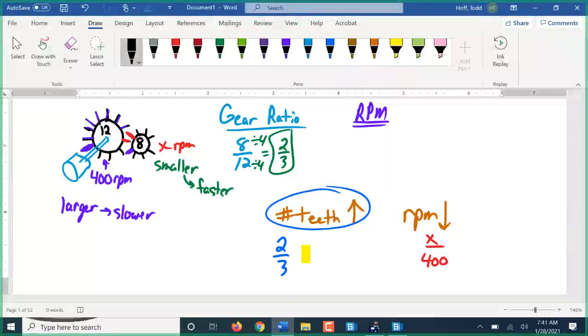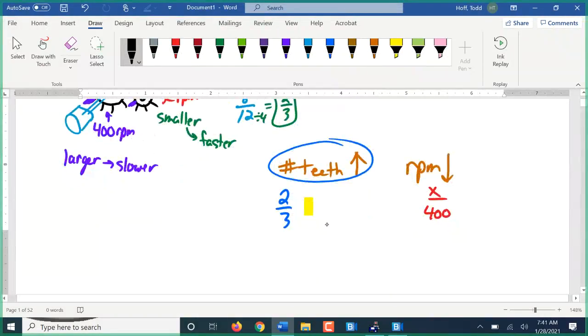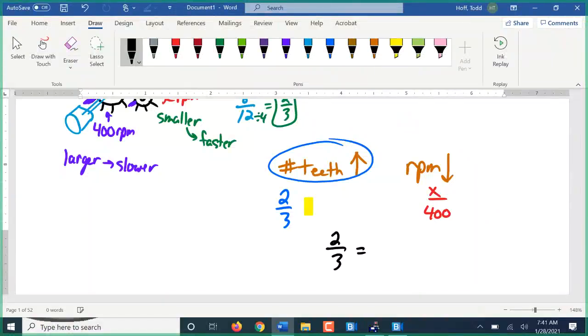For an inverse relationship, if we want to set this up in a proportion, we have to invert one of the ratios. It doesn't matter which one.